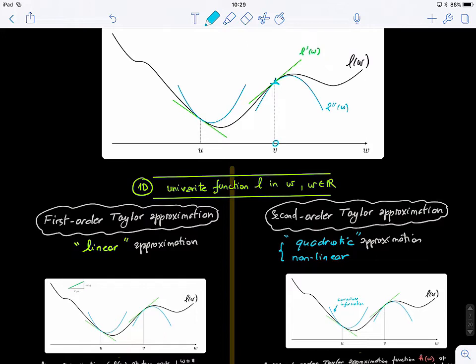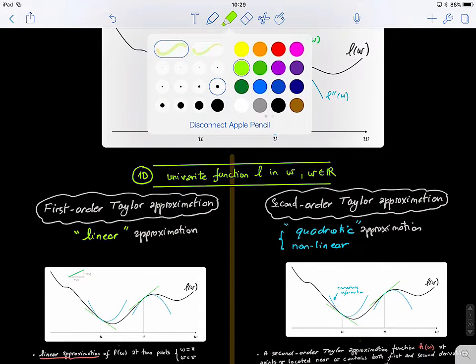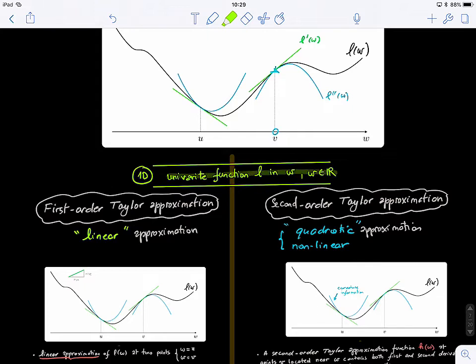We're going to look at the univariate function L, which means it has one variable, and we will look at the first order and the second order Taylor approximation. I know most of you probably know this, but this is a good reminder.